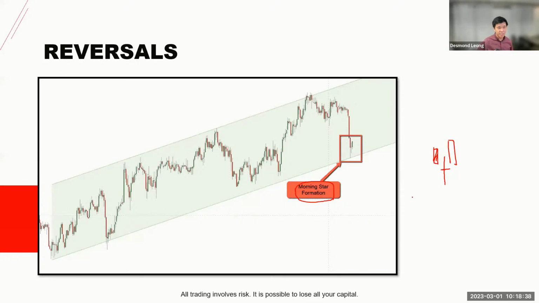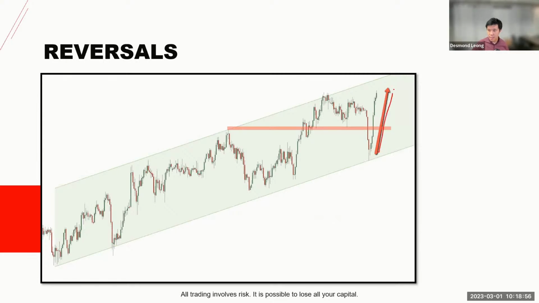So a morning star formed right at the trend line, the channel support. This is a very good indication of a possible bounce. And you can see from here that price did start to bounce up very nicely.